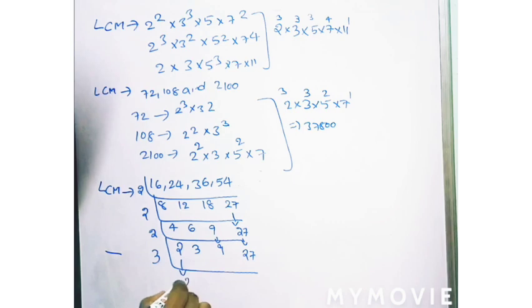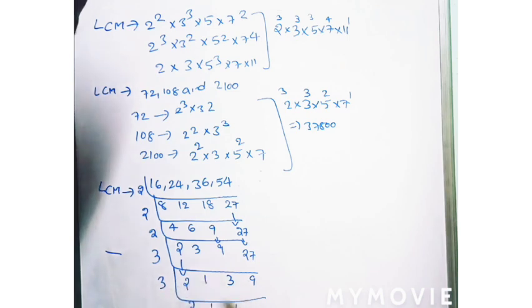So 2 as it is I will take. 3 means 1. 9 means 3. 27 means 9. Then again I'll take 3. So remaining is 2 as it is, 1 as it is. 3 divided by 3 is 1. 9 divided by 3 is 3. Like this. So now what is the LCM?